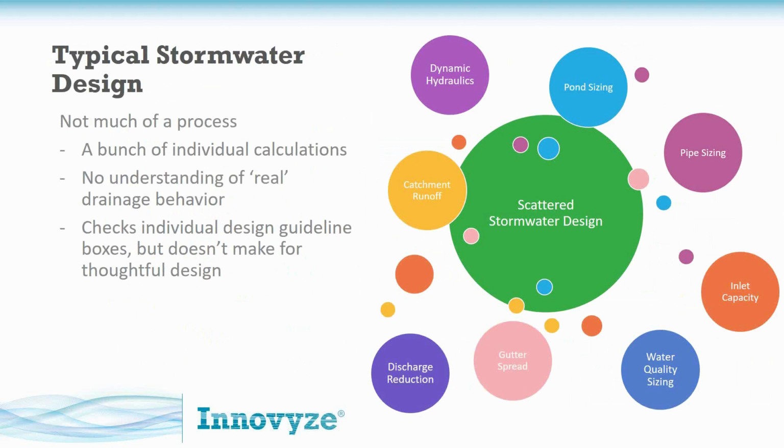Usually these are separate tasks that once one's completed, you move to the next. And when you've done all of them, you've checked all the boxes. There is some sort of guideline that wants you to perform these pieces, so you're done. You did a good job.